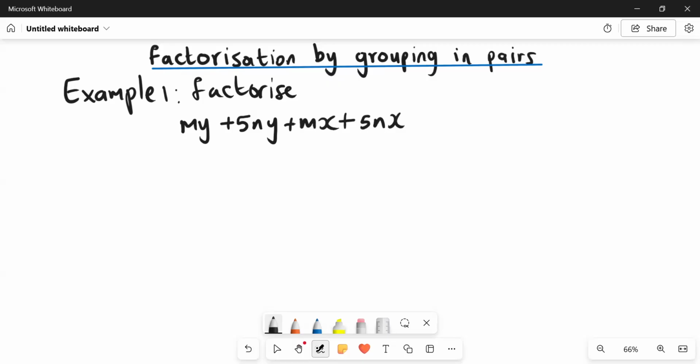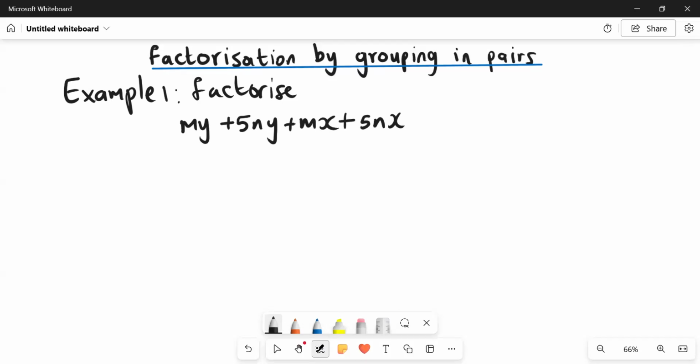So basically here you have to group the first and the second terms and the third and the fourth terms. Or you can also group the first and the third terms as well as second and fourth terms. But for now, I prefer to group first and second, then third and fourth, right?